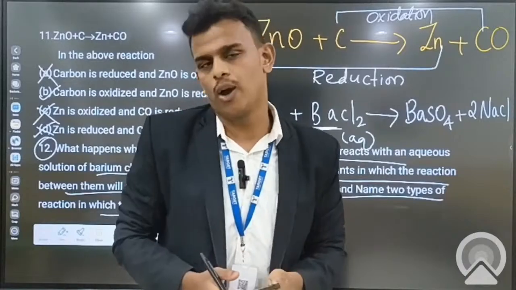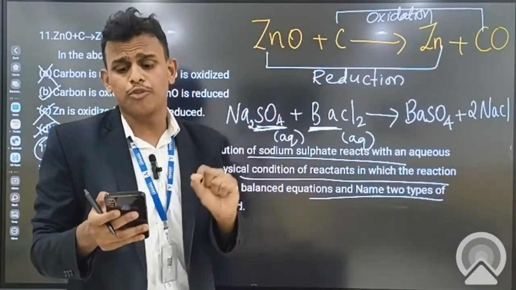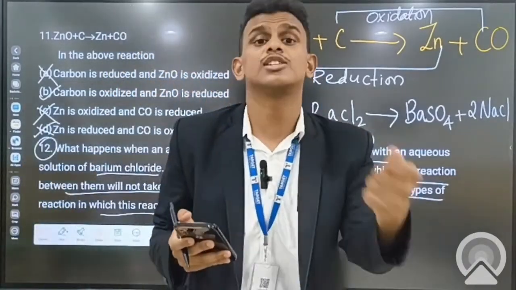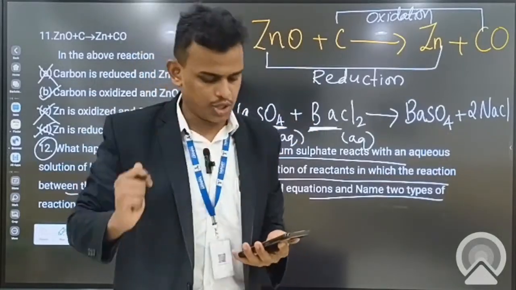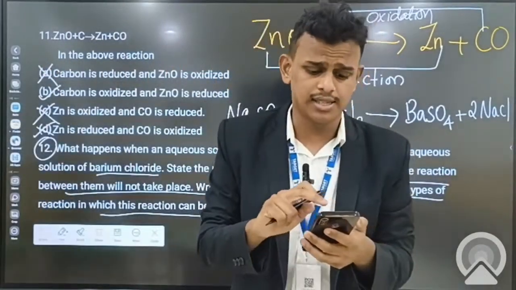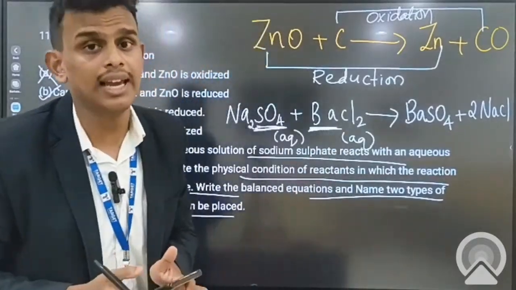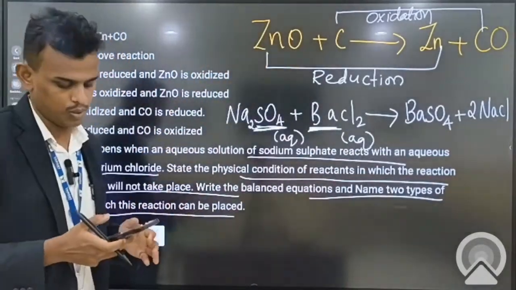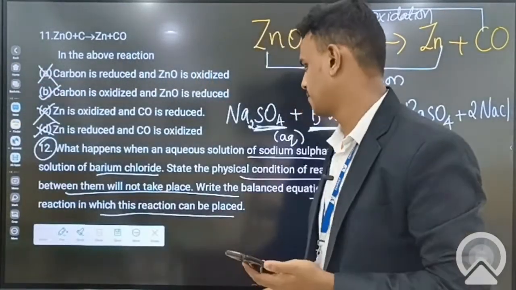Ions are formed only in aqueous solution. If it is in solid state, you will not get the product. Ions should be there. Ions are only there in aqueous solution. I think it's clear.